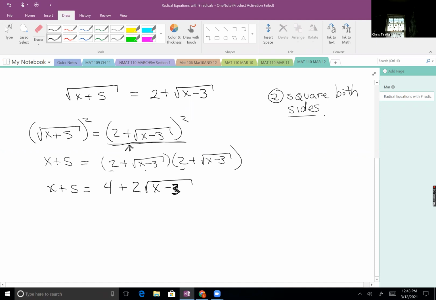Inner, I would again get plus 2 times the radical. Last, when I take that square root and multiply it by itself, that's squaring the square root, and so I just get that radicand.